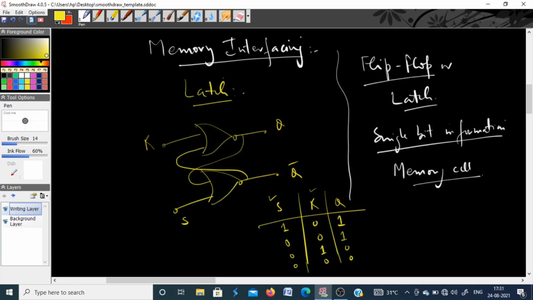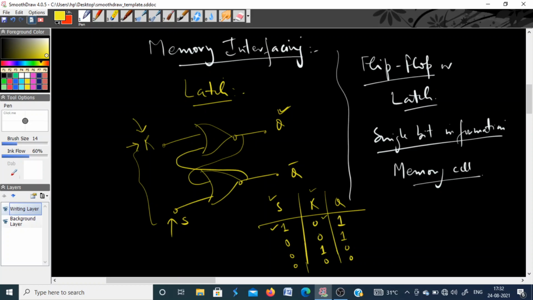So this is a basic latch. You can store 1 bit information in its output, that is Q, by applying proper input to R and S. If you want to set this flip-flop, or store 1, you must apply 1 to S and logic 0 to R. If you want to reset the flip-flop, you have to apply a logic 1 at R and logic 0 at S. But suppose you have applied logic 1 to S and logic 0 to R, your flip-flop is set.